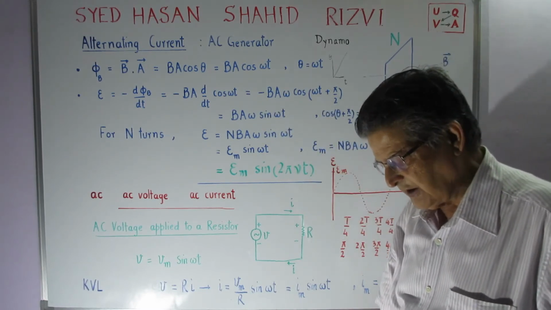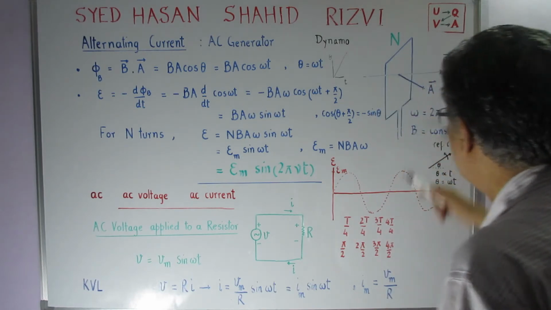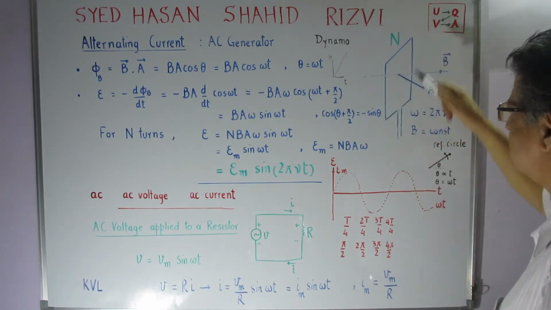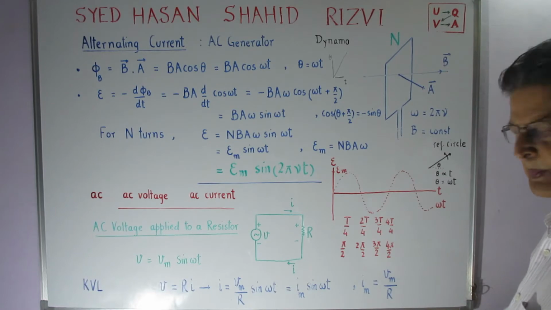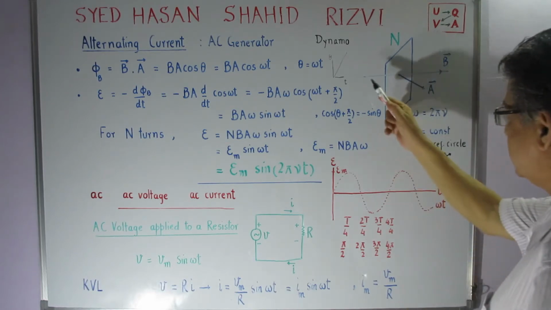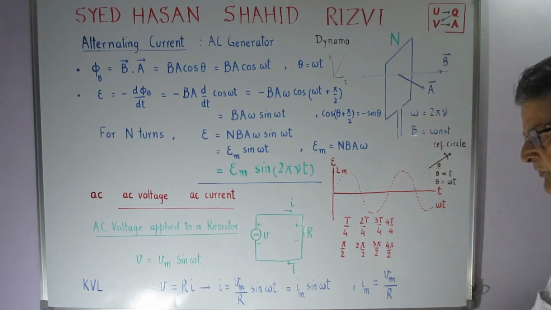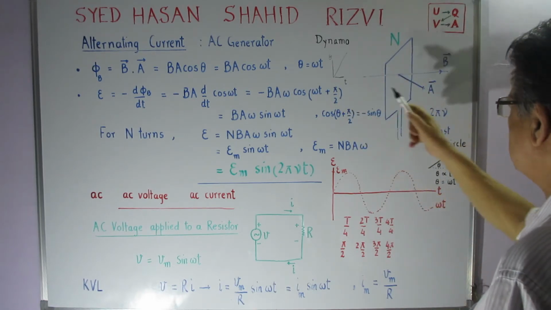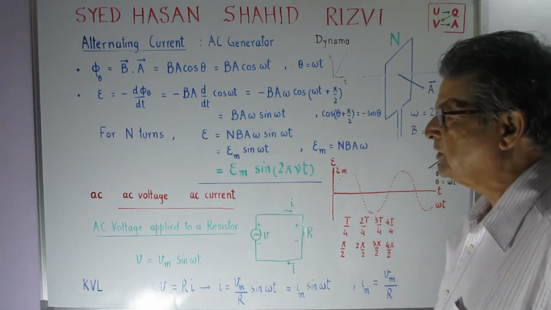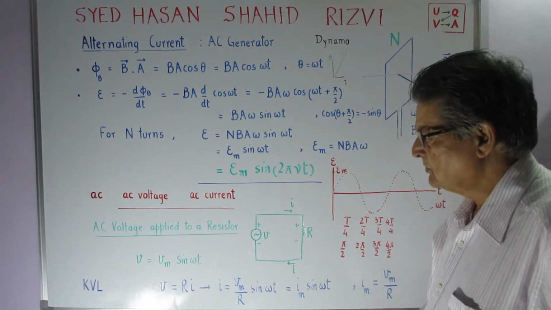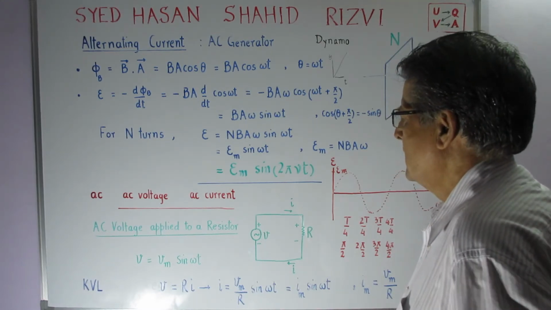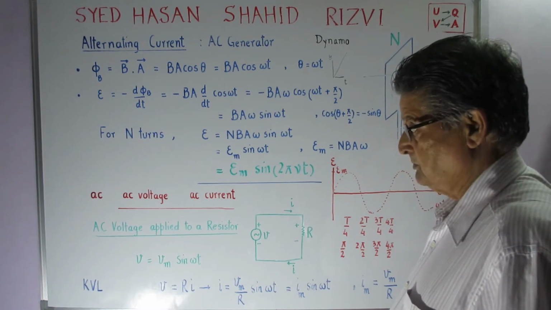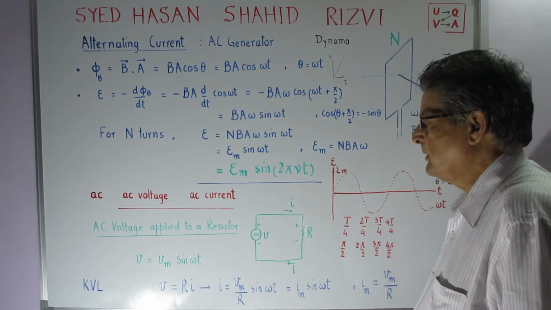This is for a single turn of this coil which is there in the magnetic field of a magnet, north this and south this, and that I have not shown. You can look into the books for the correct drawings made by professional draftsmen.